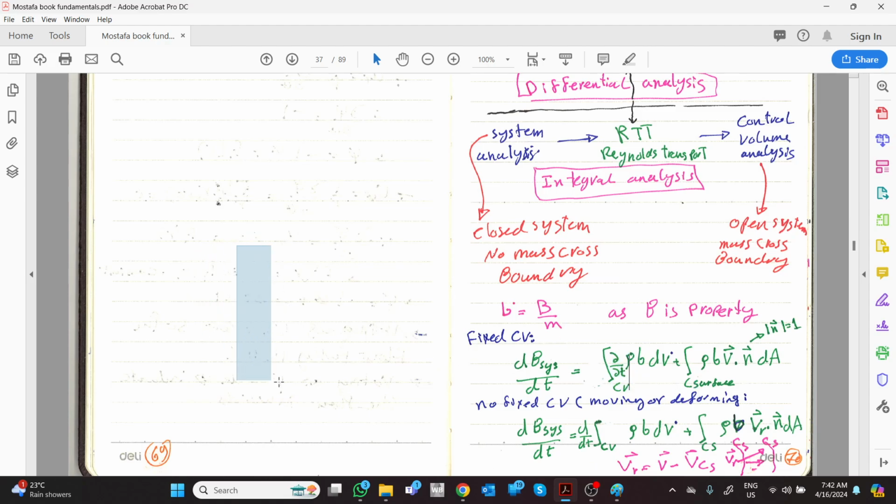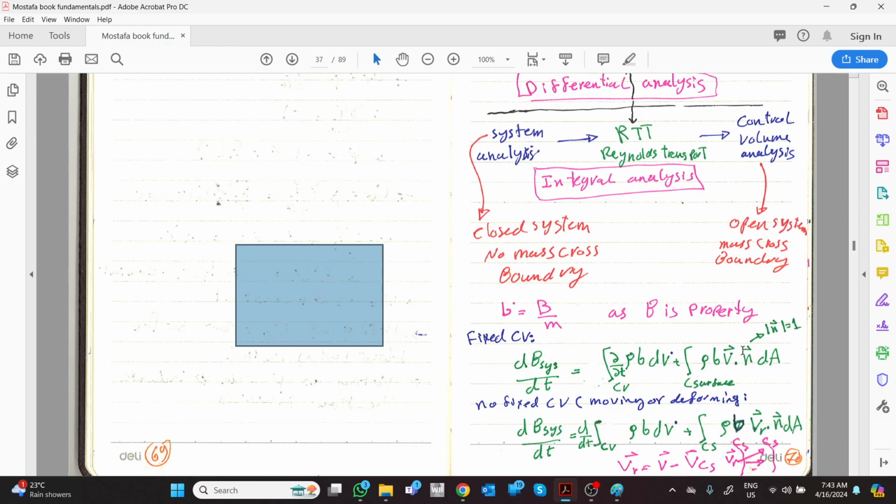Okay, this is for the entire volume. So for example, if you have one rectangle like this, this is for the entire volume, plus the surface of the boundary, only the surface, not the entire volume, is the integration over the control surface of rho multiplied by the property per mass multiplied by the velocity vector.